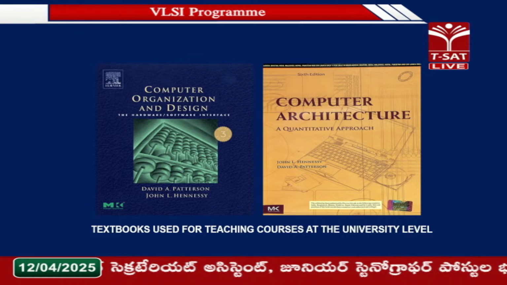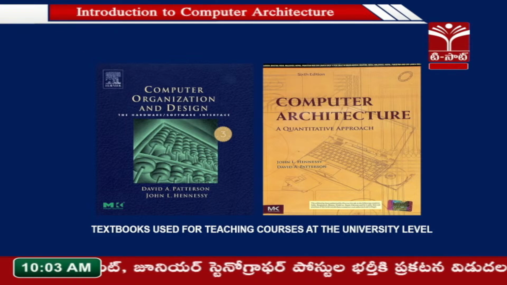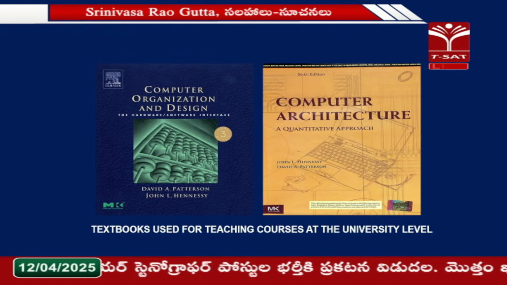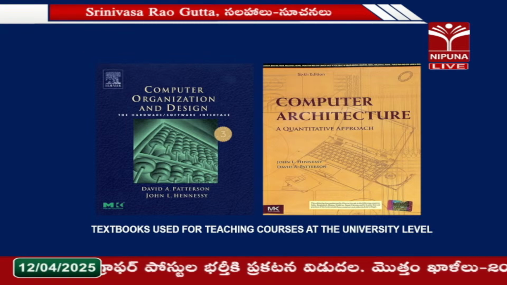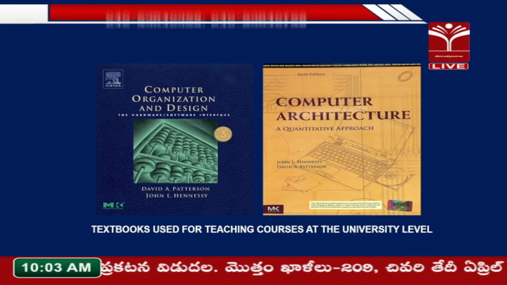In terms of the textbooks typically required in this field, these are the two Bibles for this subject. These two books were written in the late 1980s and early 1990s by David Patterson and John Hennessy. They are still considered the Bibles for computer architecture. Any undergraduate or graduate student should refer to these books for a more core understanding of the subject.